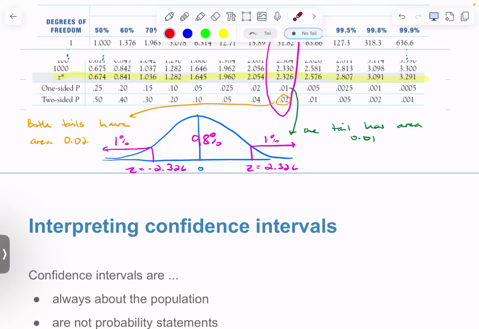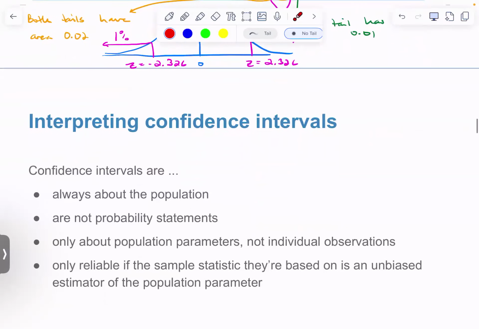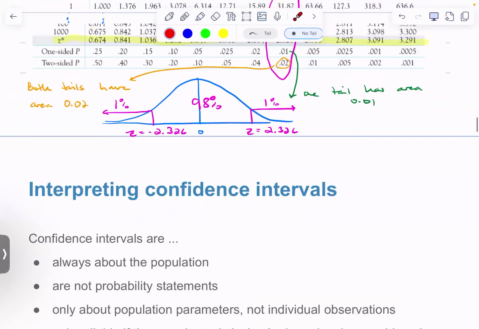So it's the probability of seeing something even more extreme than this Z. We're going to start to call it the p-value, which is why it's called the one-sided P and the two-sided P. But that's in hypothesis testing, which is the next section, which we're starting today, but it takes a while. But they are linked.